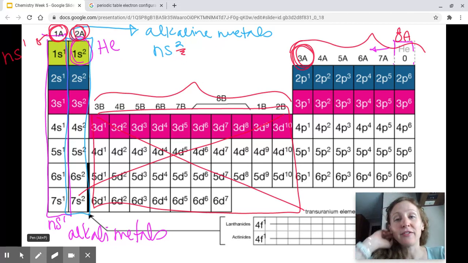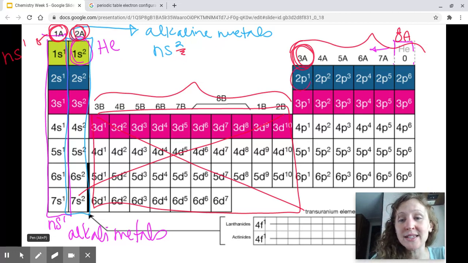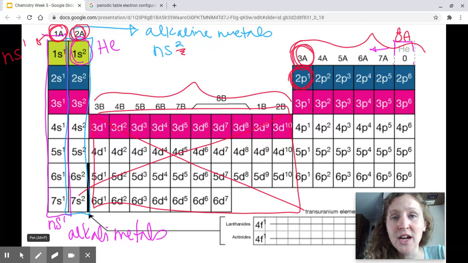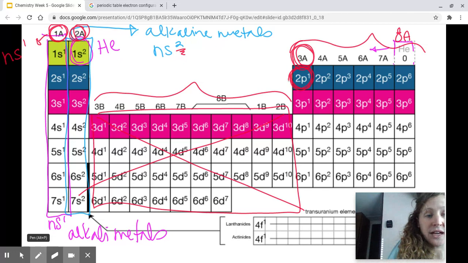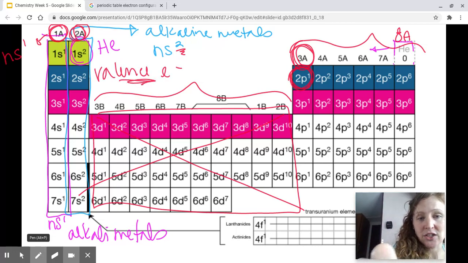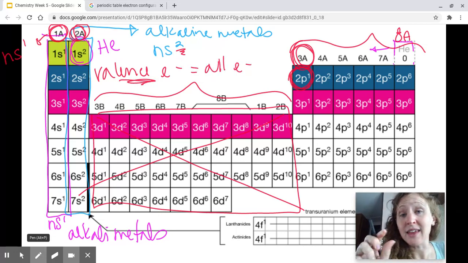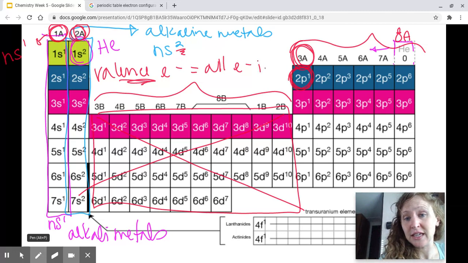And that family right there is also going to have a code. Now, this code is a little bit harder because the entire code is not written out in this square. So the code has to incorporate all of the valence electrons. And valence electrons are going to be all the electrons in the outermost energy level.